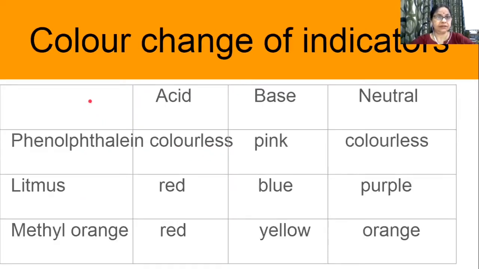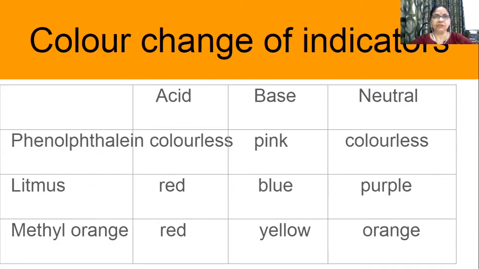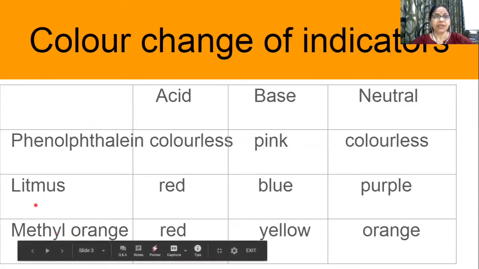How do these indicators behave in acidic, basic and neutral medium? So the first one is phenolphthalein, very commonly used in laboratories. In neutral, it is colorless. In acidic medium also it is colorless, but in basic medium it is pink. Next is litmus.